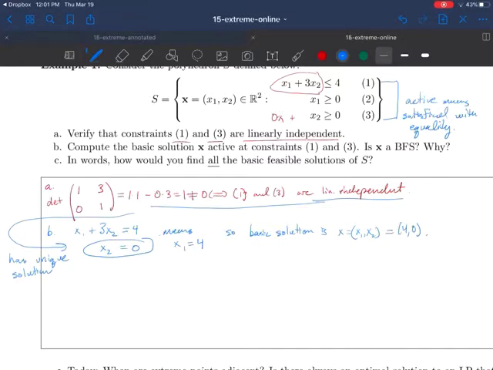And because, well, 4 is certainly greater than 0, constraint 2 is satisfied too.